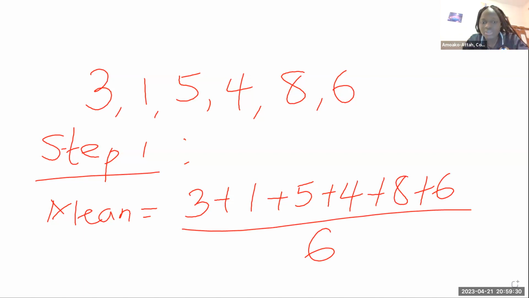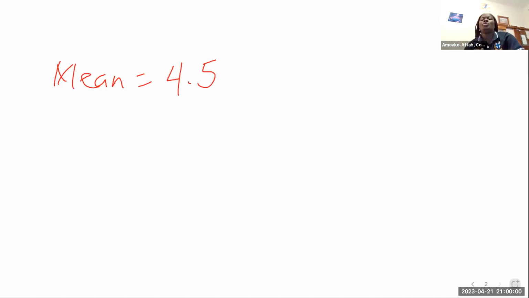Okay, so we have 4, 9, 13, 21, then 27. So you are getting 27 divided by 6, right? So basically you are going to get the mean to be 4.5. All right, so you can also work it out and confirm my answer. So if the mean is 4.5, that's the first step. It is not difficult at all. So first step, find the mean.